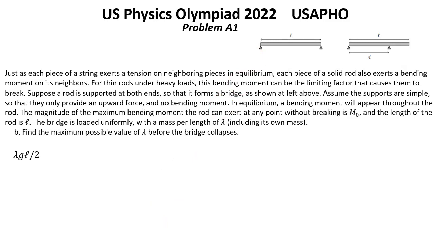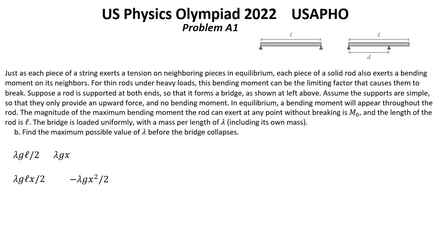And also we have the weight, which is lambda gx. These two forces create two torques. One torque is lambda gLx over 2. This is clockwise. And the other torque is negative lambda gx squared over 2, negative because it's counterclockwise.